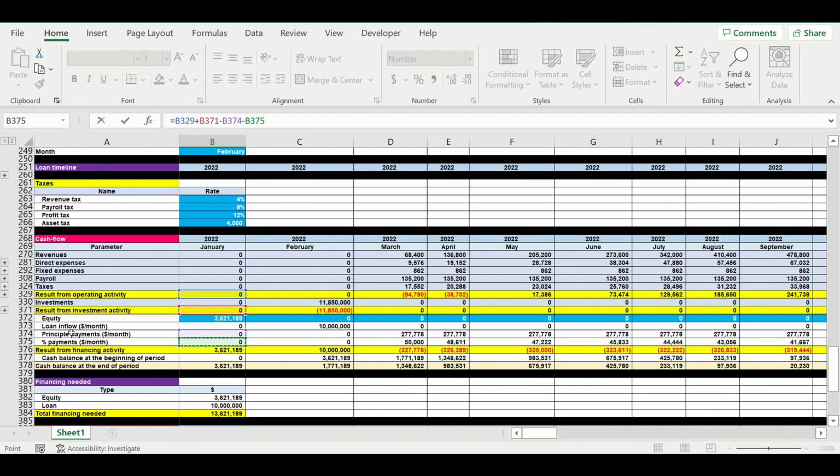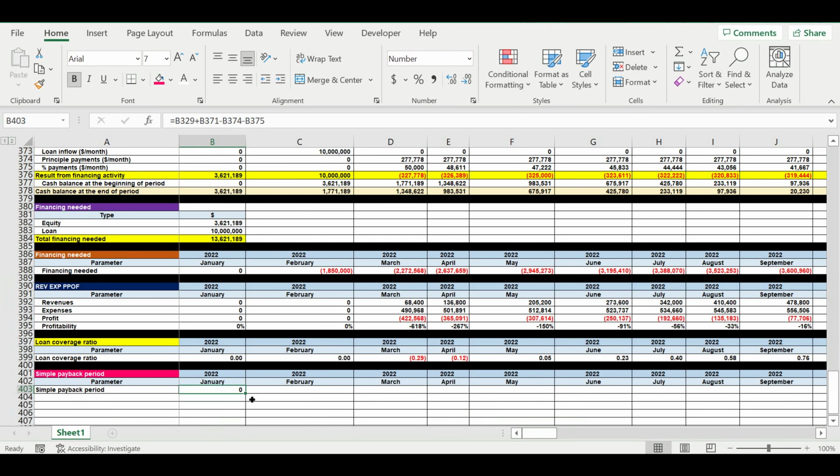Equity and loan are financing pluses here, and we need to know whether the business itself generates the cash, without our money, without the bank's money, to cover the investments that are put inside the business. So we are pressing enter.